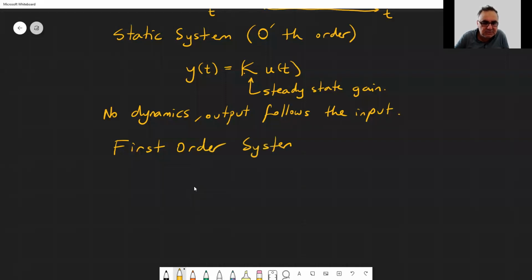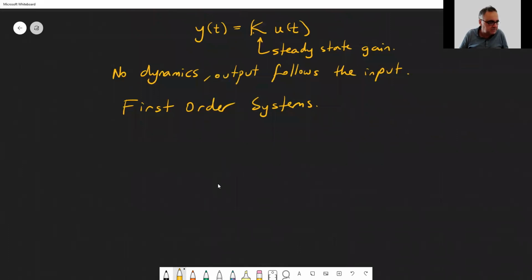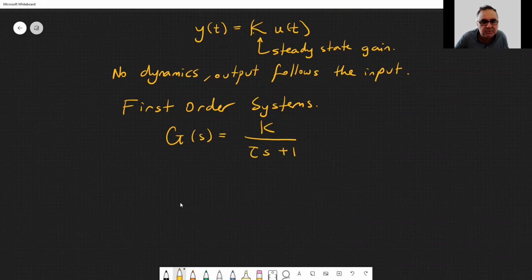First order systems are described by first order differential equations. The transfer function G of s is defined by the typical form k over tau s plus 1, which is output divided by the input. Okay.